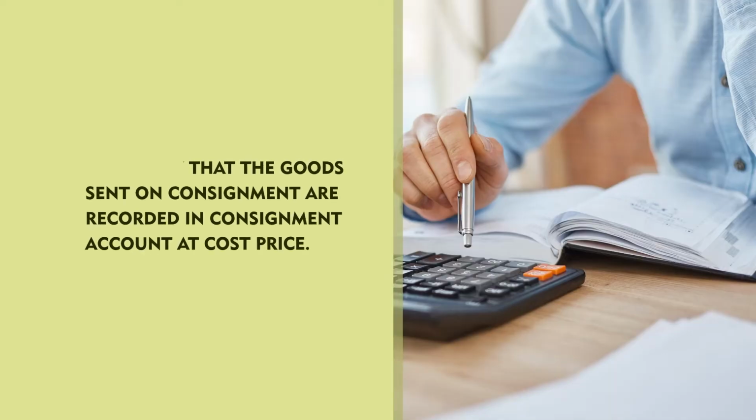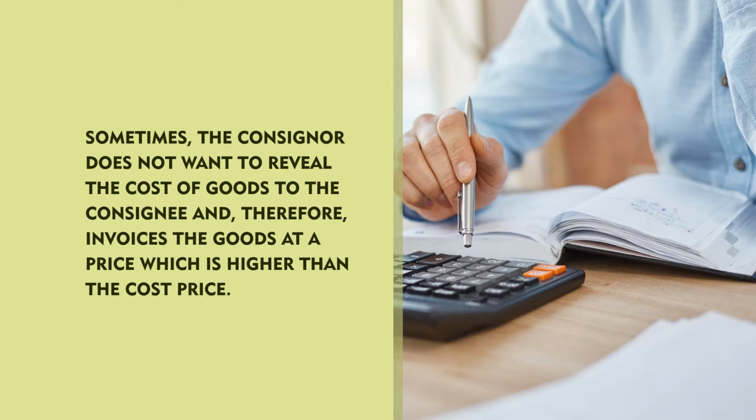You know that goods sent on consignment are recorded in the consignment accounts at cost price. Sometimes the consignor does not want to reveal the cost of goods to the consignee and therefore invoices the goods at a price higher than the cost price.